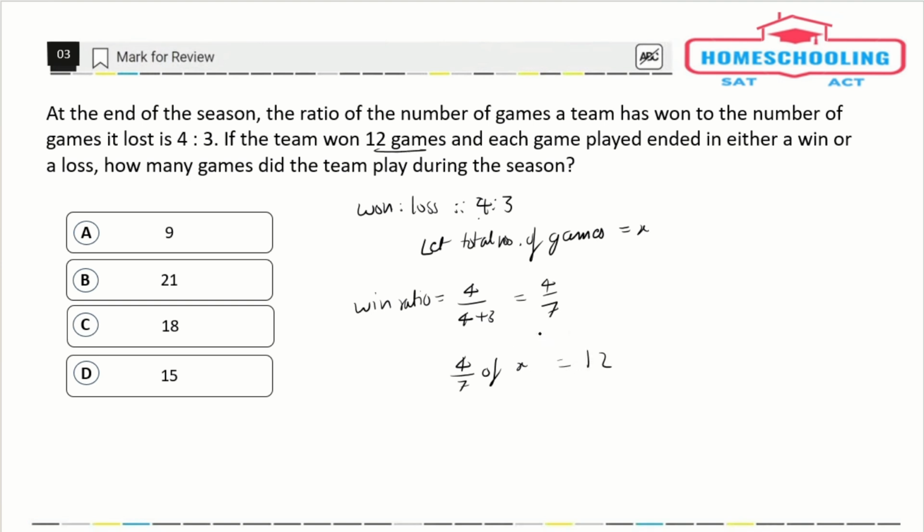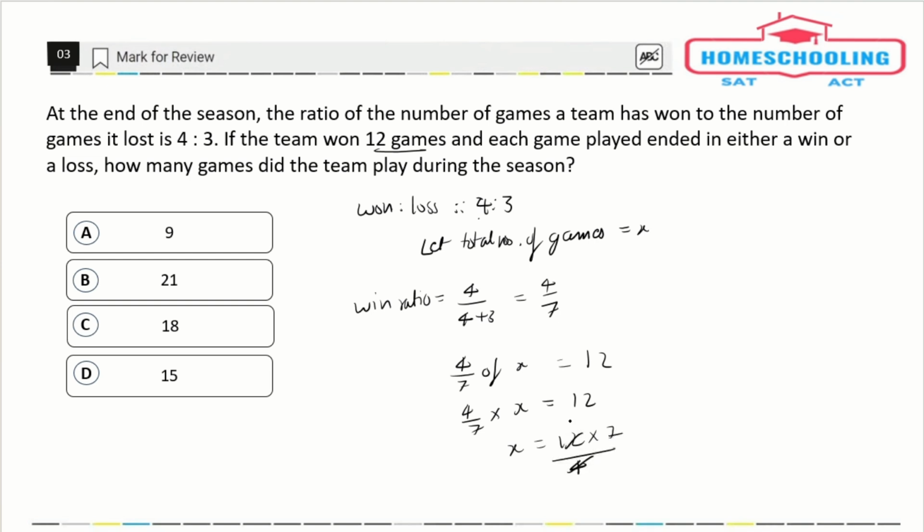So x is the total number of games, and the win ratio is 4 by 7. From this we can find x. So it would be 4 by 7 into x is equal to 12. So x would be 12 into 7 divided by 4.